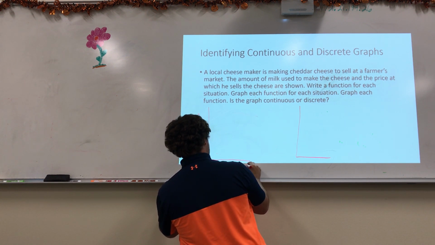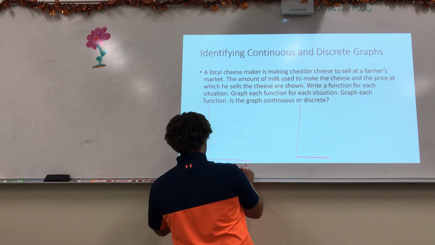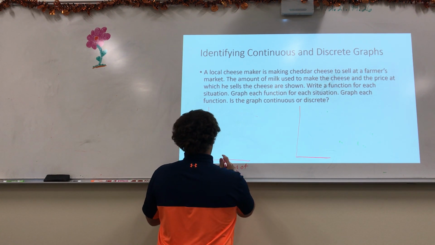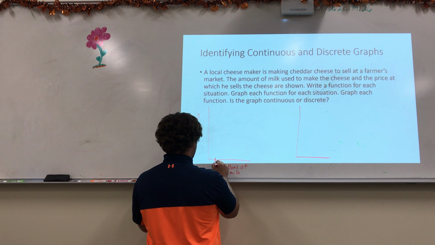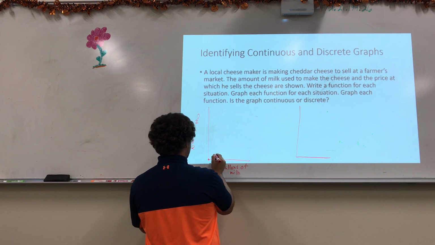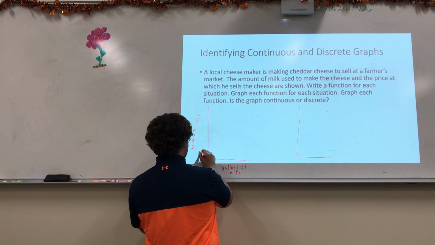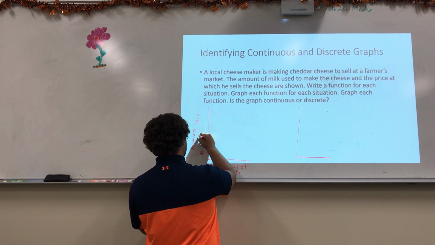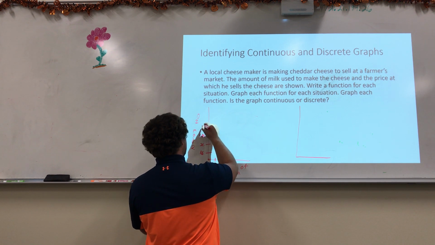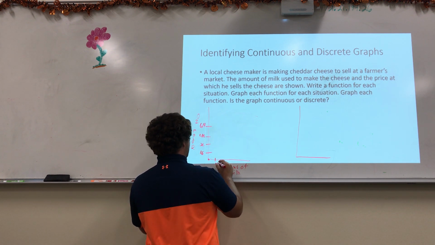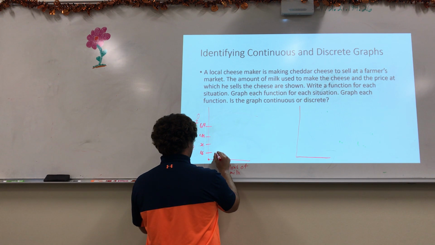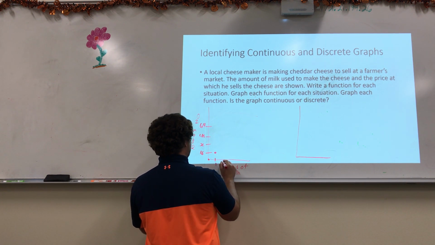Gallons of milk. Okay, so if I use 0, I'm right here. We're going to go up by 16. It just makes sense because that is what we're going to be going up by anyway. If I use 1 gallon of milk, I made 16 ounces of cheese.